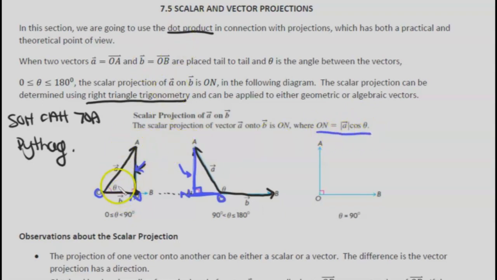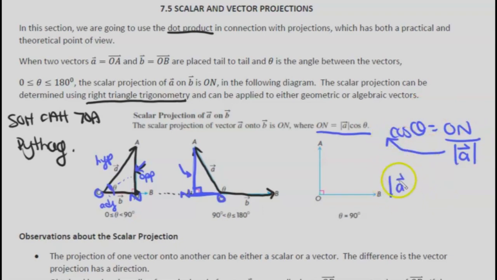If we had theta here, I'll just do it for the acute triangle, we would have opposite, adjacent, and hypotenuse. ON is adjacent, so cos theta equals ON, which is adjacent, over hypotenuse, which is the magnitude of vector A. That's just a cross multiplication, and that's ON.